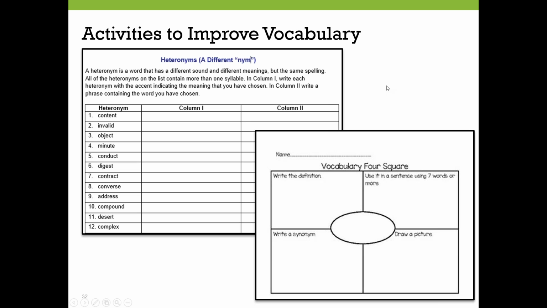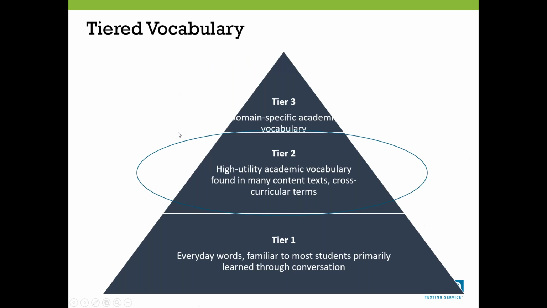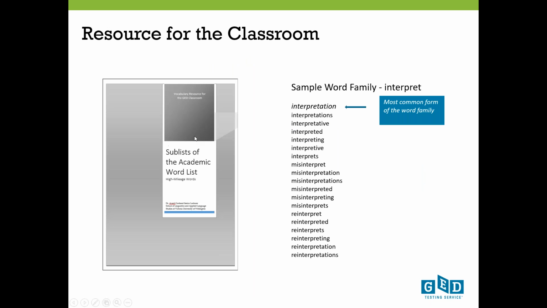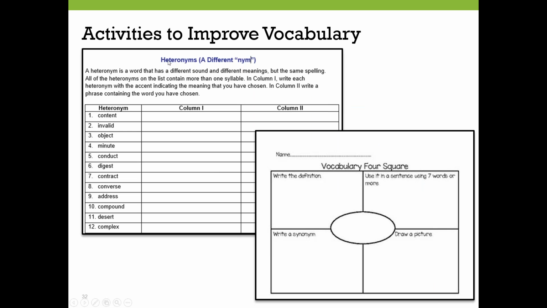Here's another one. Let's build out a number of different types of vocabulary. And these can be fun. Heteronyms. Don't think about that too often. We're always talking about antonyms and synonyms, but a heteronym is a word that has the same spelling but a different sound and different meanings.